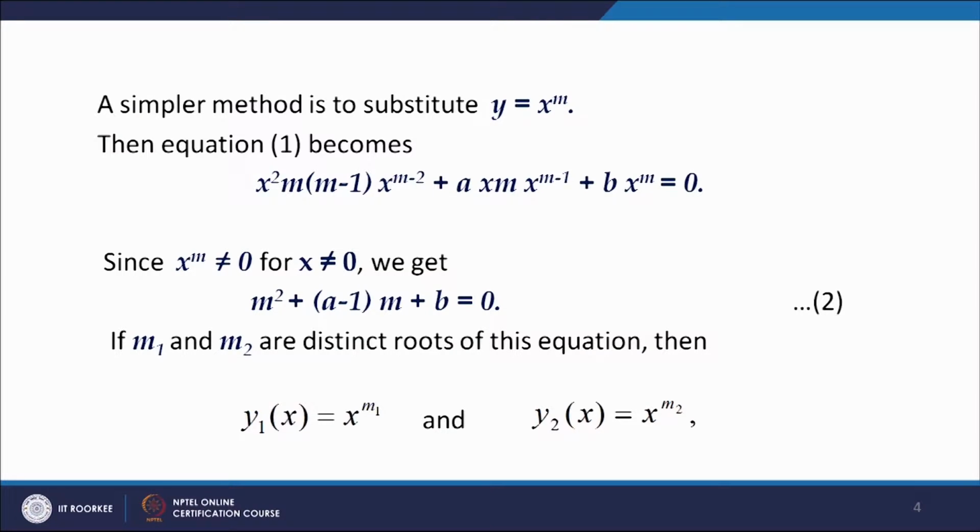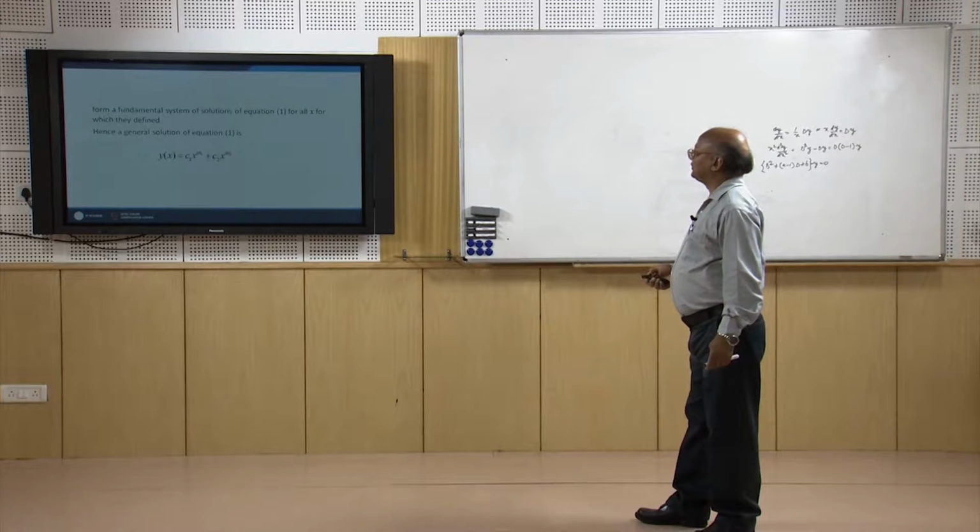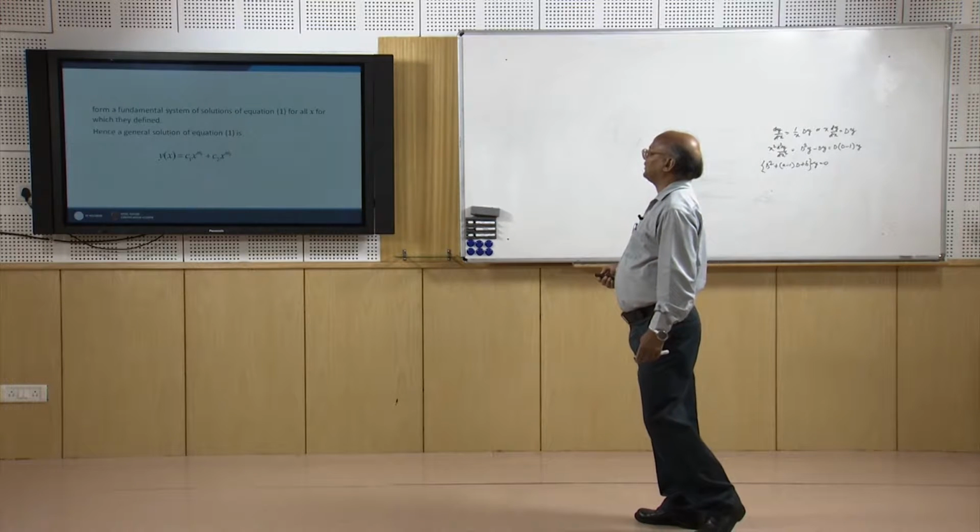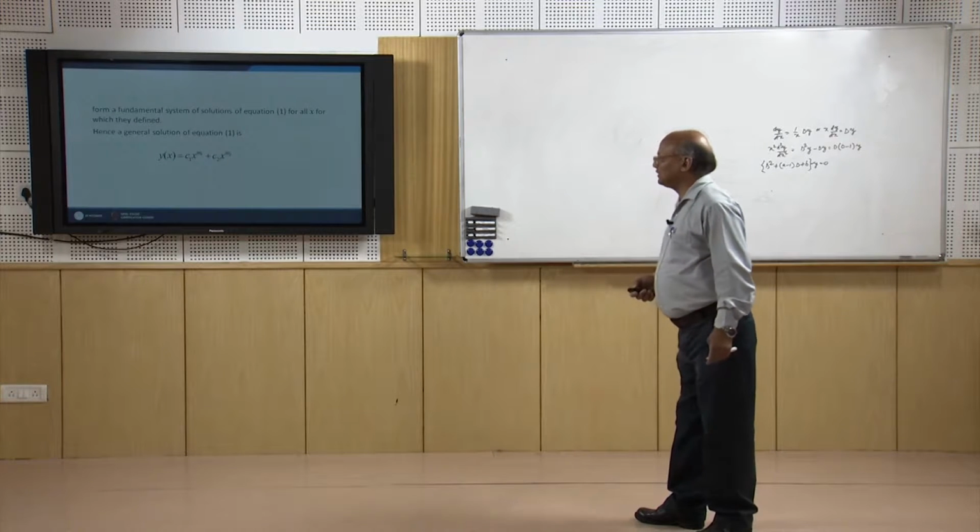Now, m1 and m2 are distinct, so y1 over y2 will not be a constant, and therefore x to the power m1 and x to the power m2 will be linearly independent, and so we can form a fundamental system of solutions of the given equation for all x for which they are defined. So, the general solution of the equation in this case can be written as y x equal to c1 x to the power m1 plus c2 x to the power m2.